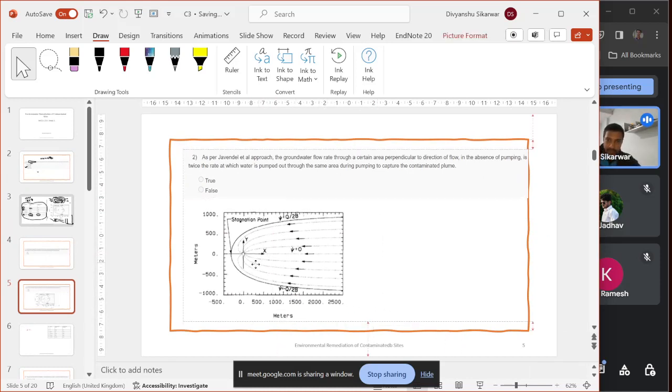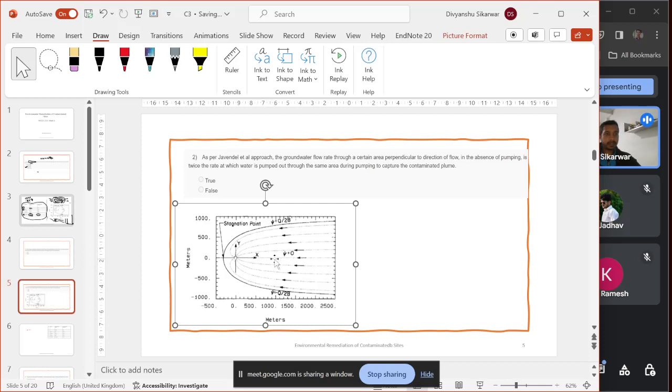This is basically as if we are seeing the well from the top. So this is the well and this is the influence zone of the well.